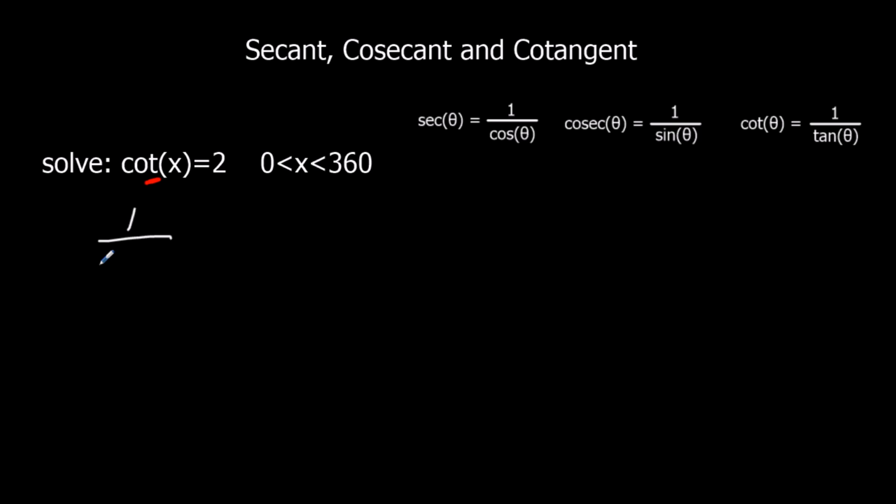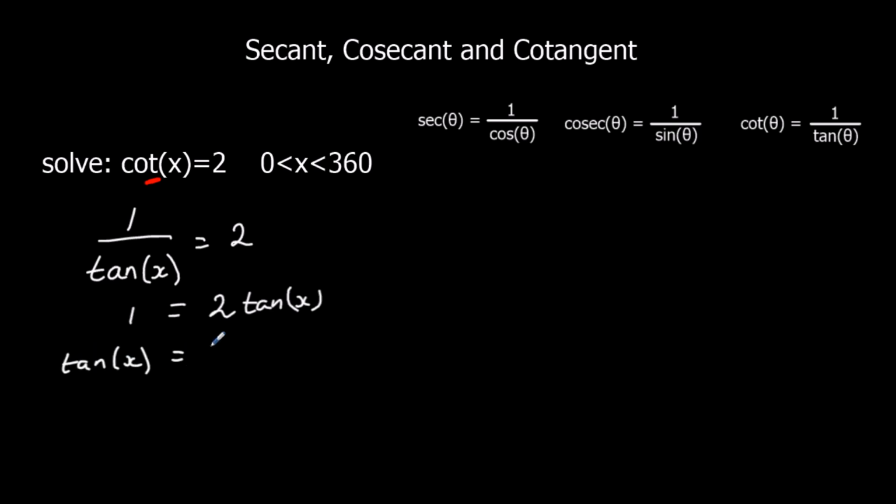So we've got 1 over tan x equals 2. So rearranging this, 1 equals 2 tan x, or tan x equals 1/2.